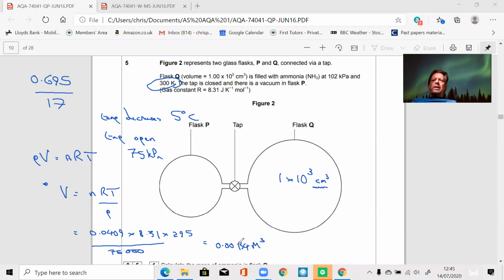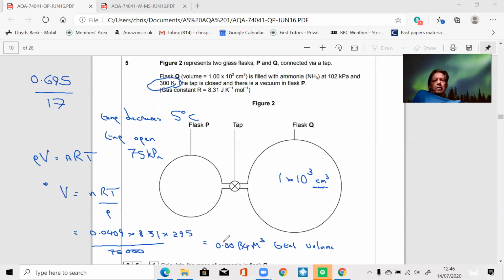Right, well, this is in meters cubed. Maybe we want to make this into centimeters cubed as well, because we're going to find the volume of the whole system, of the other flask. Okay, so the total volume is this. But we want to put it into centimeters cubed so we can compare it with the other one. So all we do is multiply it by 10 to the 6.